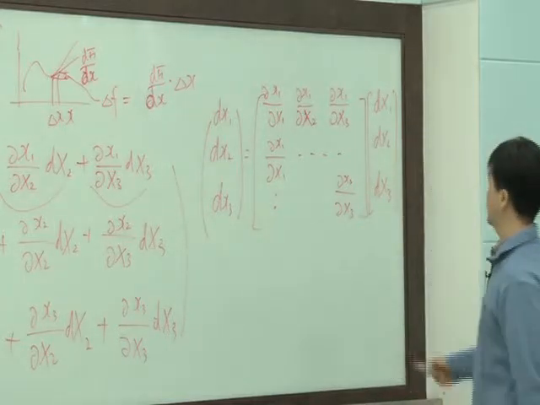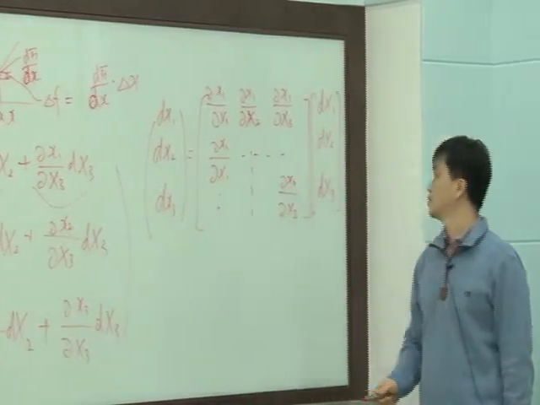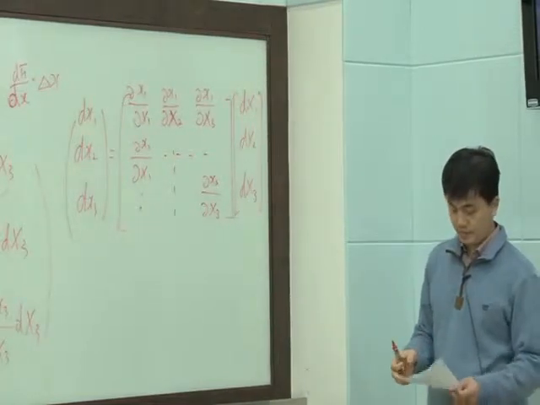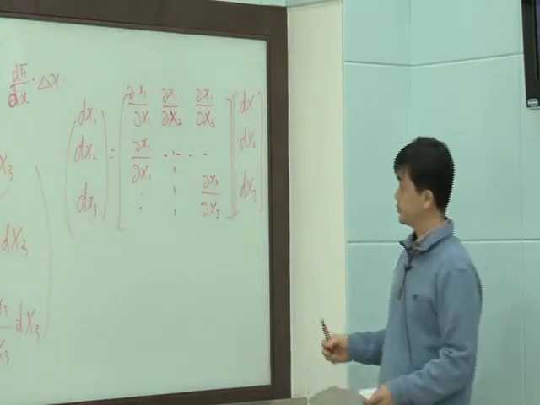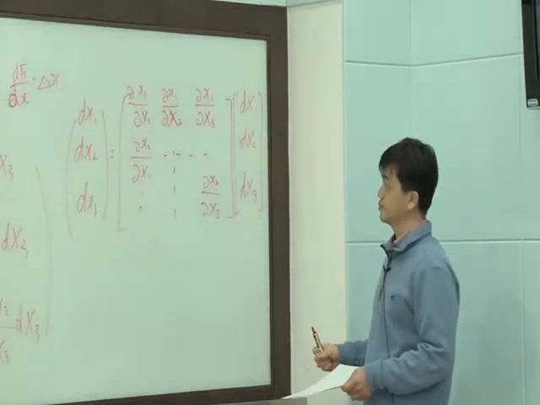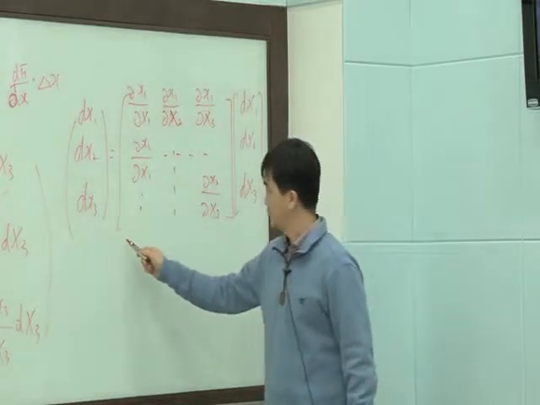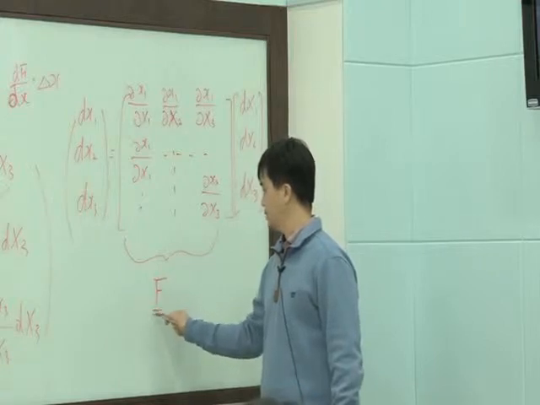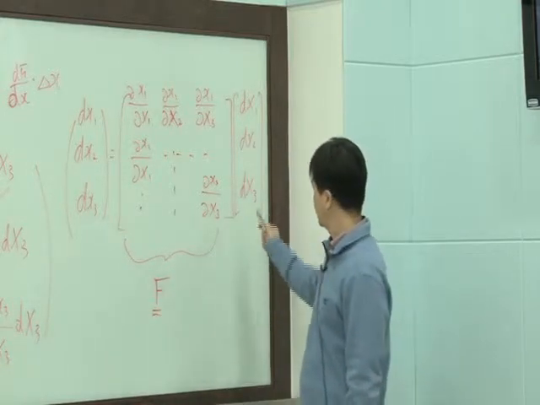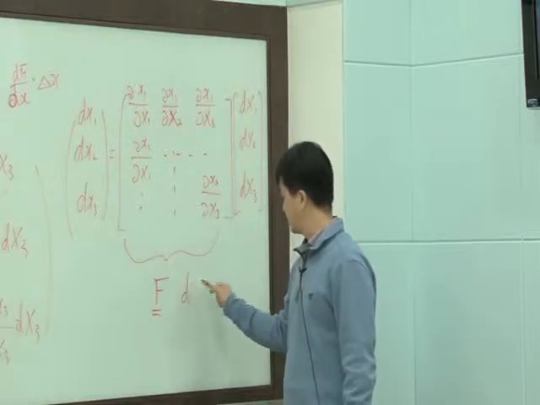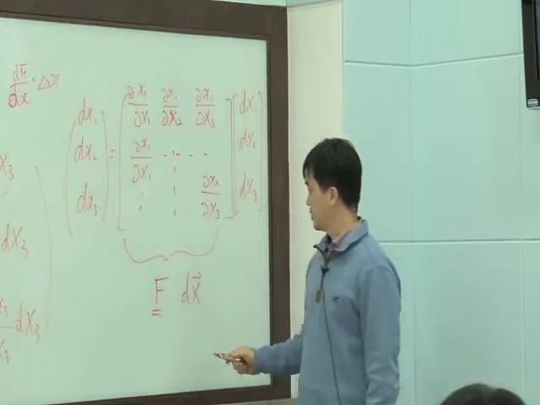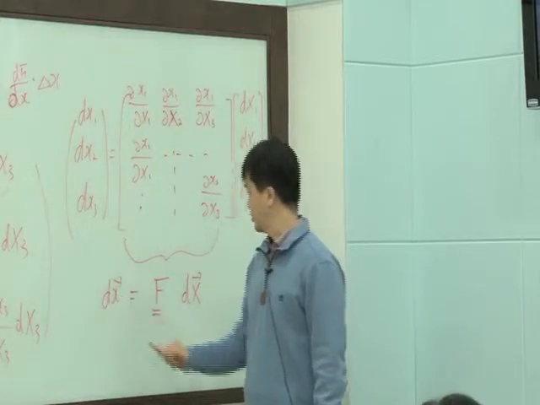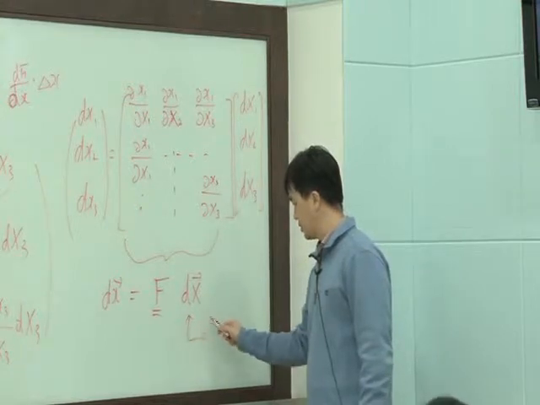Something like this, right? So we have a 3 by 3 matrix. And let's say this is a matrix F. And this is a vector, a material vector.